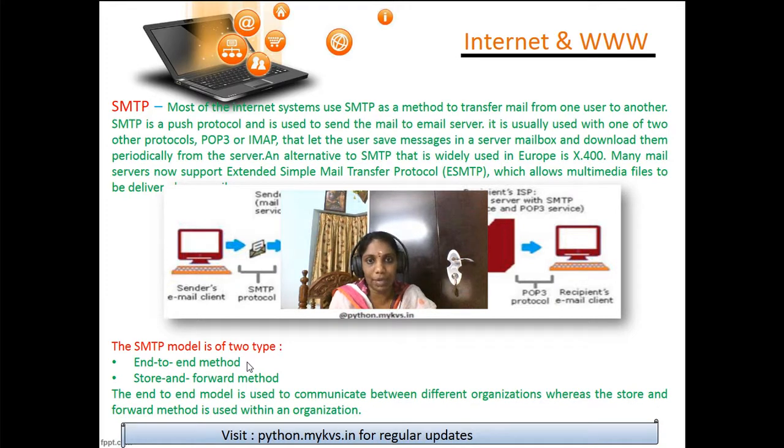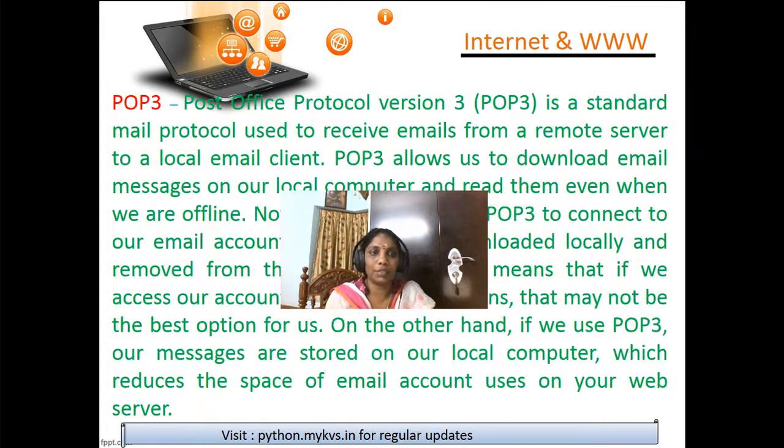Two different organizations' mail IDs have communicated. Whereas the store and forward method is used within an organization. That is what we do in our OLASH, where everybody's mail server is the same, shpublicschool.com, so everybody will be contacting it through that. So we use the store and forward method. Easy to understand: two types, end-to-end for different organizations and store and forward for your same organization.